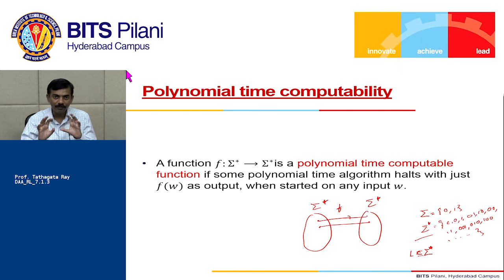That means I have an algorithm which can compute f(w) given w, and the time taken to compute f(w) is polynomial. That's what is called a polynomial time computable function.